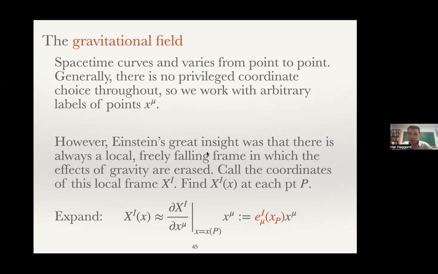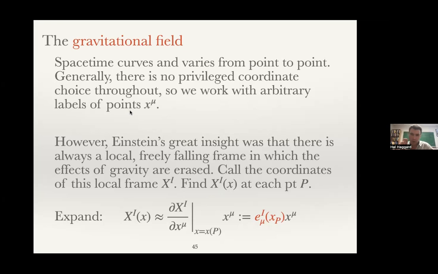So let's call the coordinates of that local inertial frame, much like I did in the last slide, capital X, and here capital I is going to be ranging 0 to 3, going over our local inertial frame. Einstein's insight about the equivalence principle can be cast mathematically as saying we can take the local inertial coordinates and write them in terms of the general coordinates, and then do a Taylor expansion.